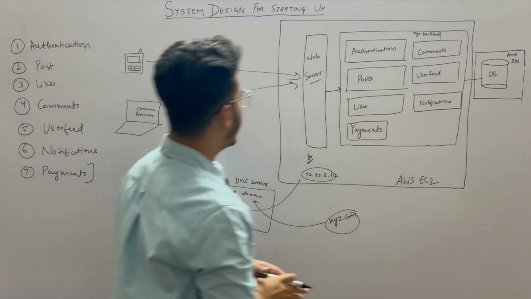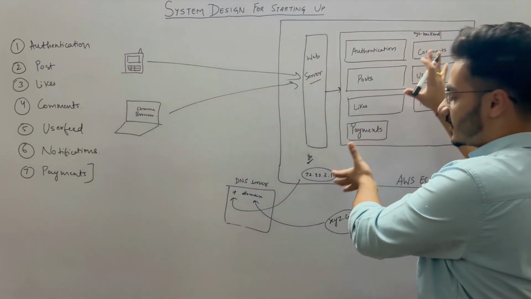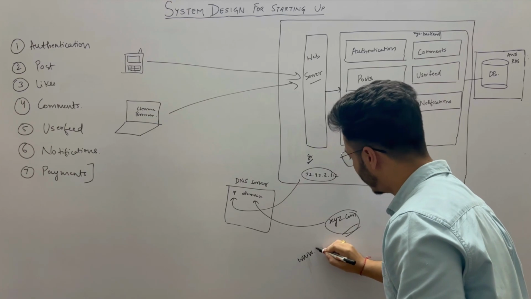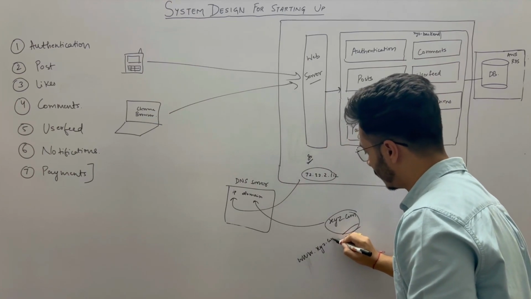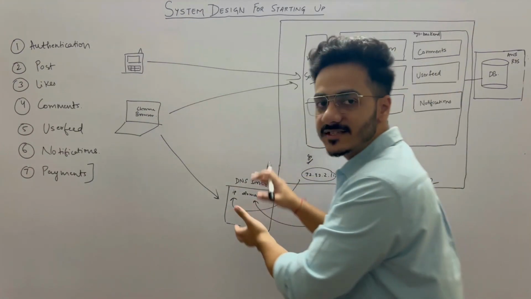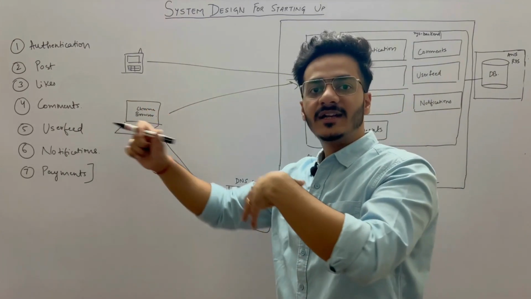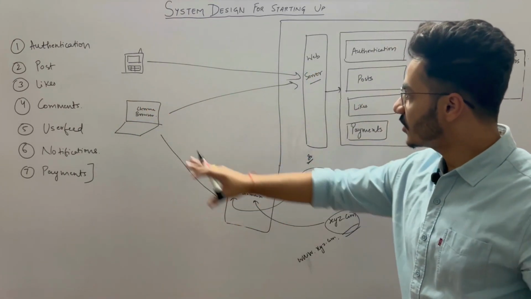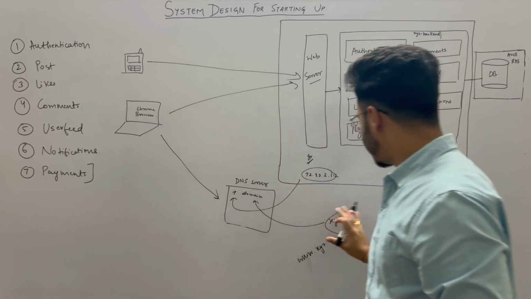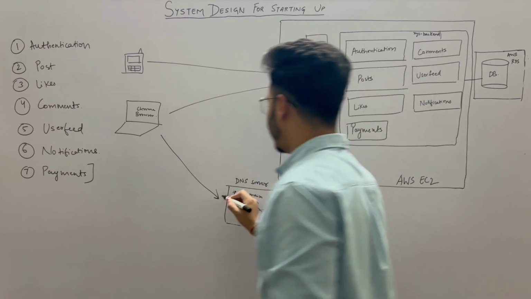Whenever a user wants to access your application through this domain, like www.xyz.com, they will first hit this DNS server, which is hosted by GoDaddy or AWS in different zones so that it's easily accessible. The DNS server will tell them this domain is pointed towards this IP address, so it will return the IP address.